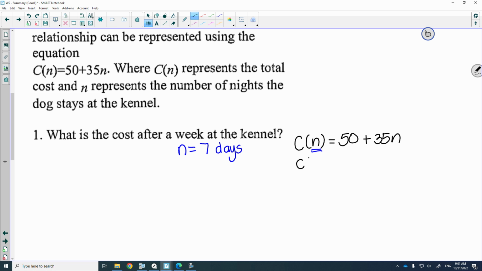So the cost for 7 days is equal to the $50 flat rate plus it's $35 per day, and the dog's in for 7 days.